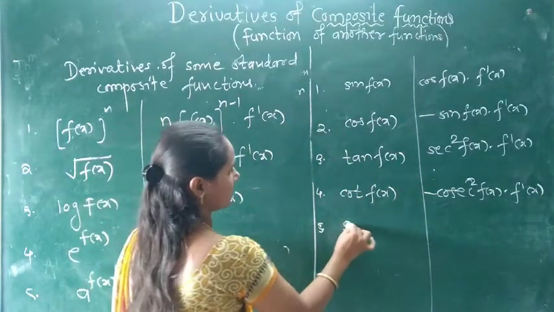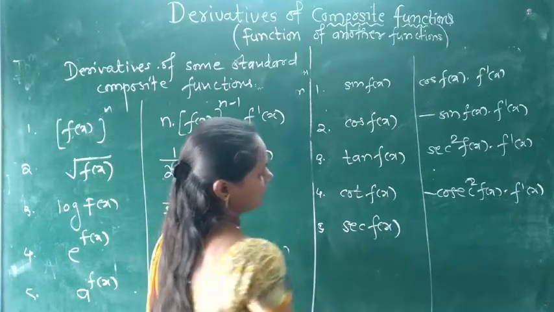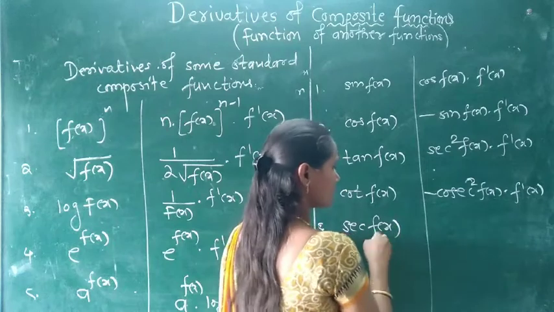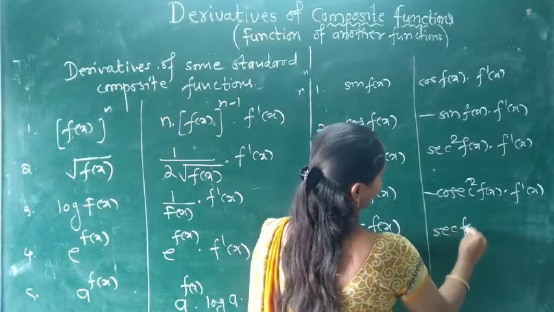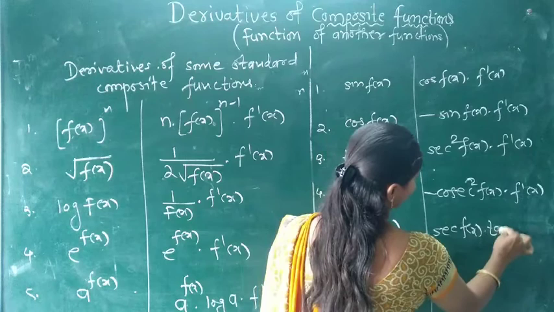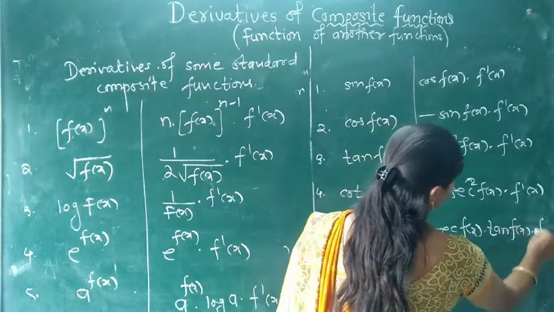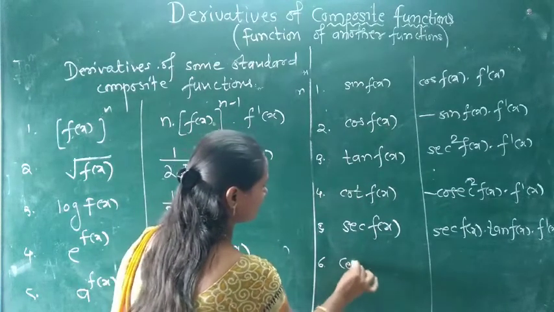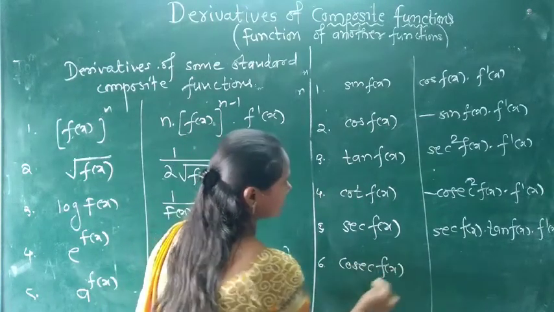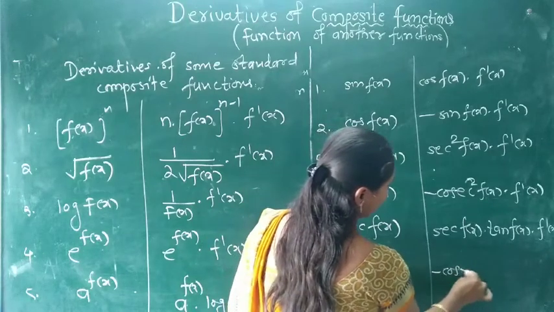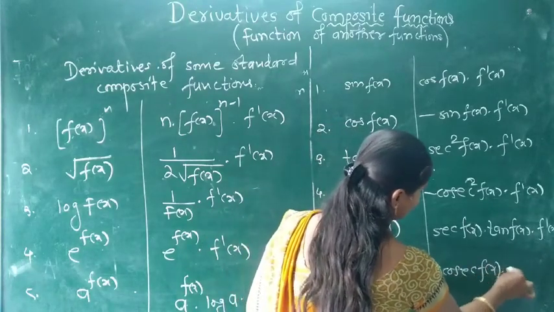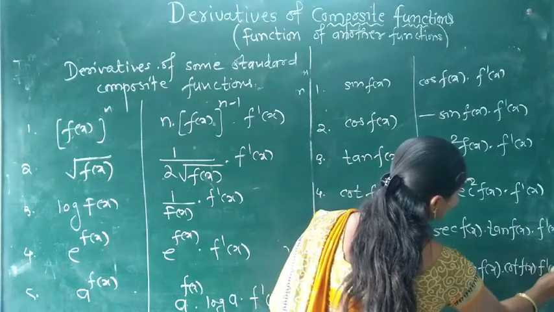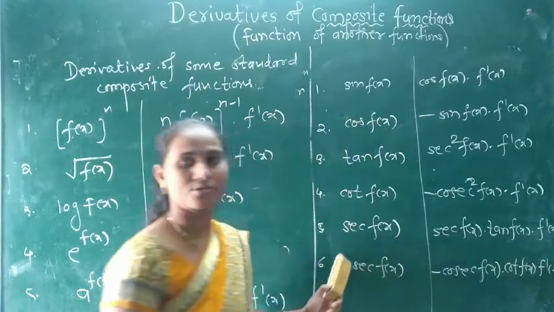Next one, sec f of x. So derivative of sec x is sec into tan. So here instead of x we use function. So sec f of x into tan f of x into f dash of x. And now the last trigonometric one is cosec f of x, which is minus cosec f of x into cot f of x into derivative of our function, that is f dash of x.